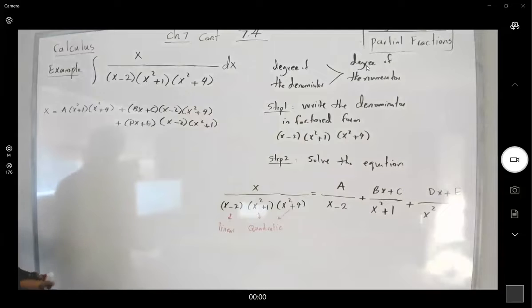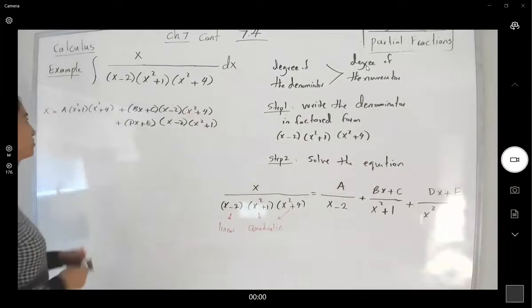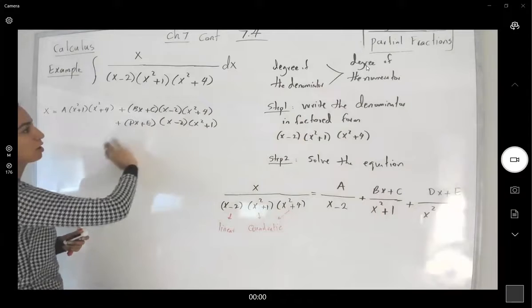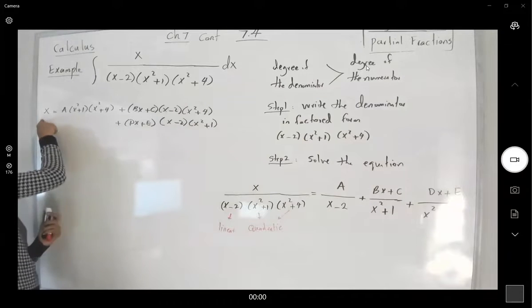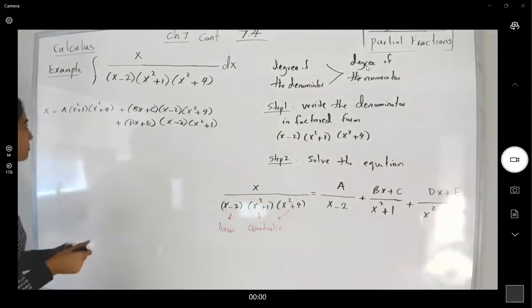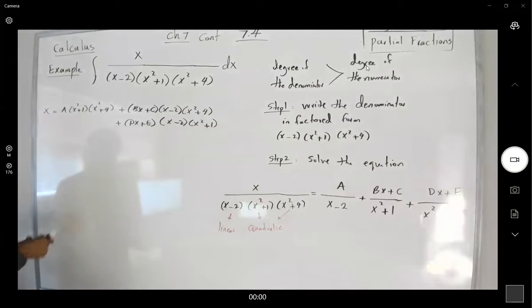Okay, very good. Now we need to distribute these, multiply, and set it equals to a and solve for all of these variables. Okay.